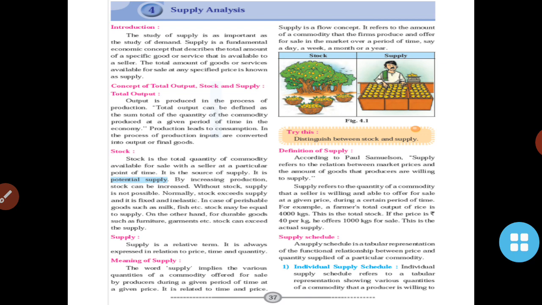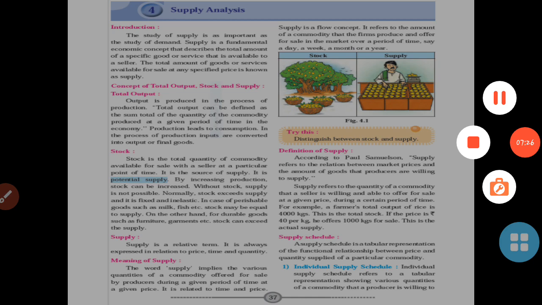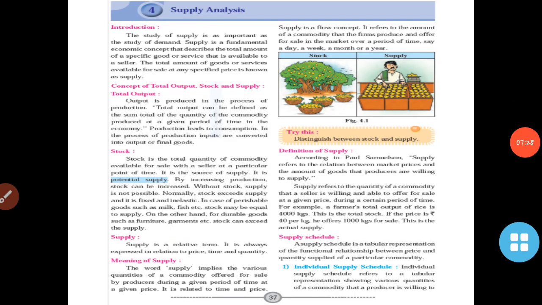If people are demanding, then we can set a price and we can supply those materials. It has a relation with price. I mean, supply has a relation with price, time and quantity. It means how much quantity of production we have, how much stock we have, and at what time the demand is.